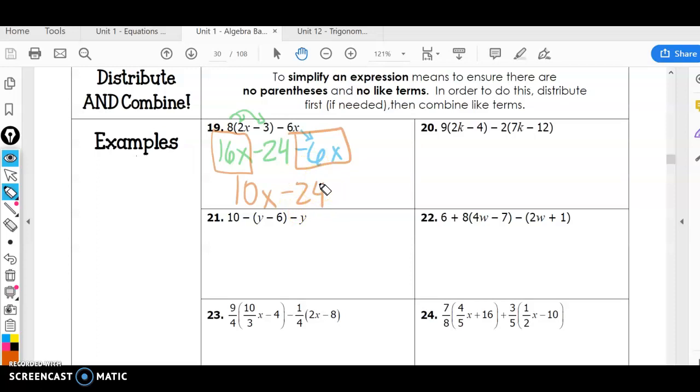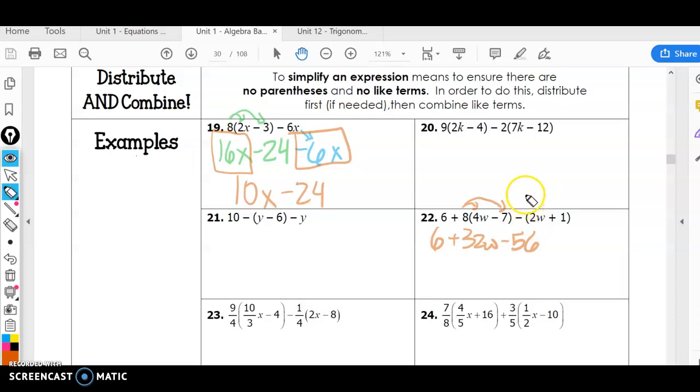Let's do number 22. Number 22 has secretly 2 steps of distribution. We have to distribute this 8. Let's do that first. That gives us 6 plus 8 times 4w, 8 times negative 7. And now we have our second set of distribution.